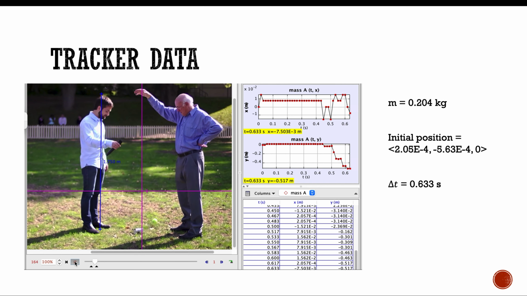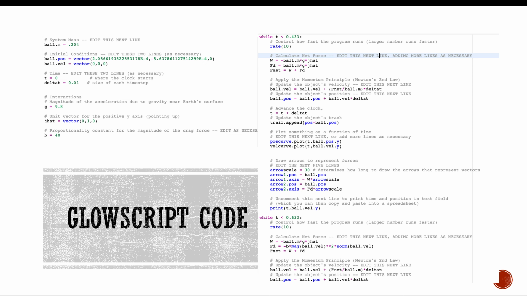The standard mass of a slinky is around 0.2 kilograms, and I gathered the initial position from the Tracker video along with the change in time. For my GlowScript code, which I already listed in the last slide, the mass is 0.204 kilograms, and then the initial position, and the initial velocity is 0 because the slinky is at rest while the professor is holding it.